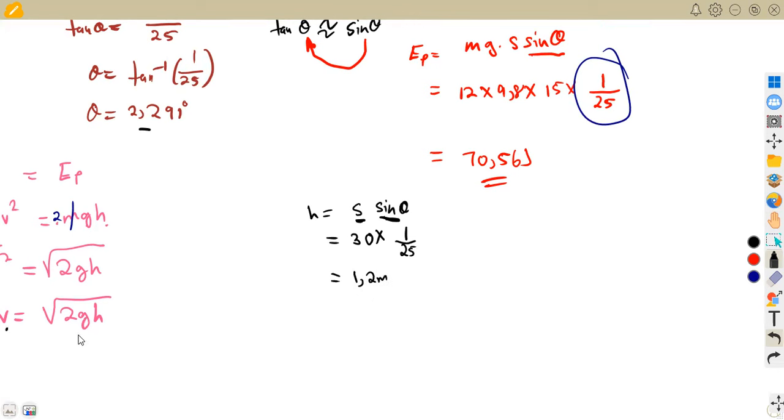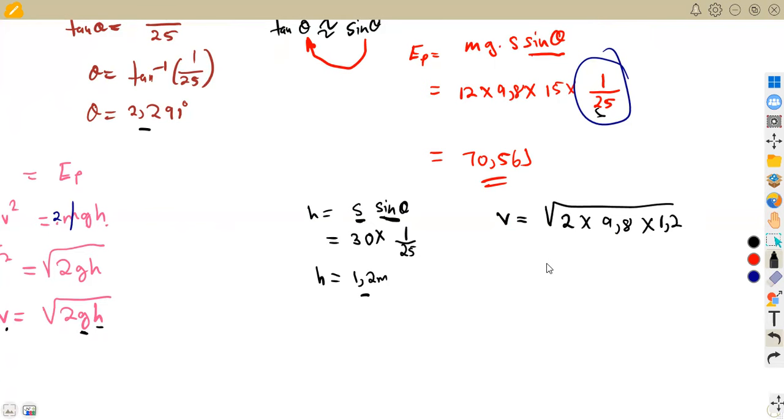Therefore, our v from our formula here is going to be the square root of 2 times the gravitational acceleration of 9,8 times the height h, and our height is 1,2 from this approximation that sine approximates to tan of theta.